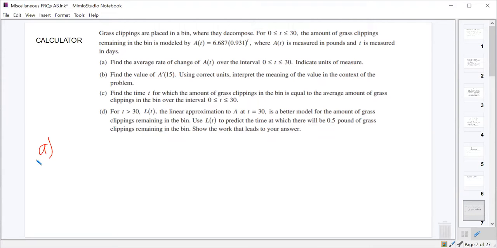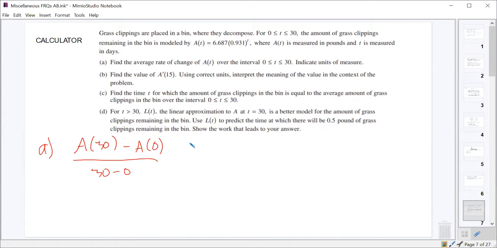What is average rate of change? Average rate of change is just a slope between 2 points. So we're looking for the average rate of change of A on the interval 0 to 30. So that's A of 30 minus A of 0 over 30 minus 0.